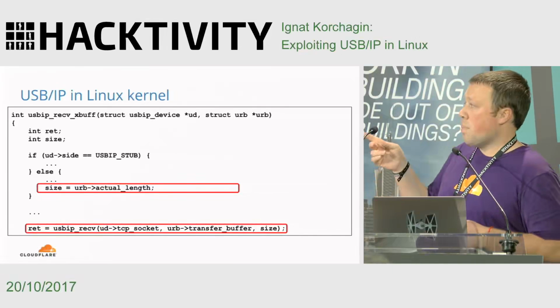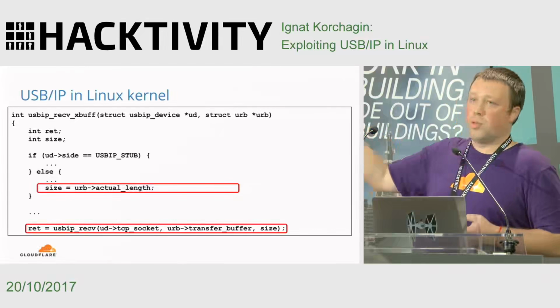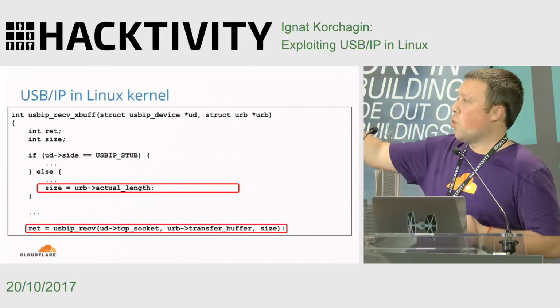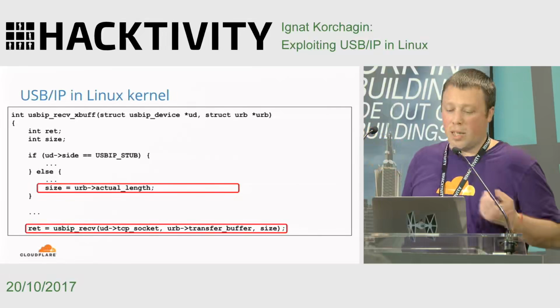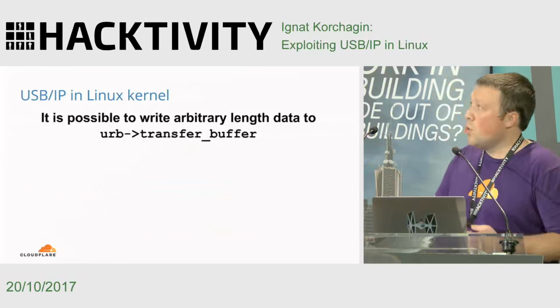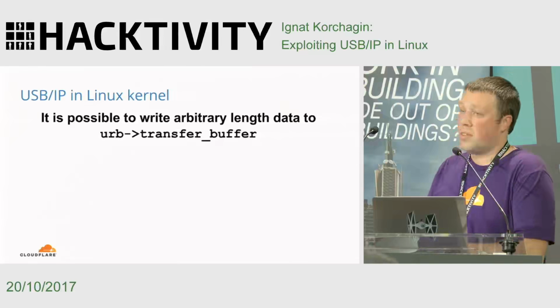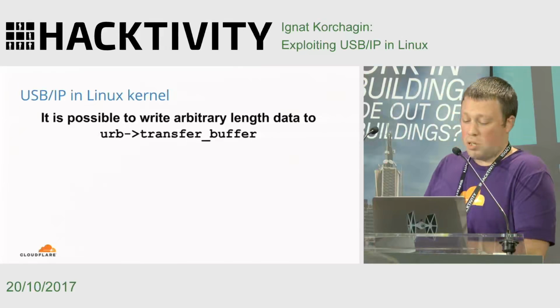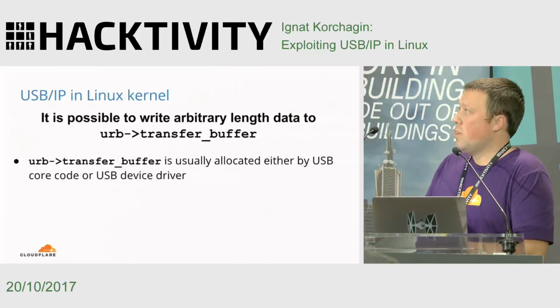Technically, if you put more data than the receiving buffer can hold, you get a buffer overflow. That brings us to the conclusion that it is possible to write arbitrary length data to the URB transfer buffer. So what is this transfer buffer?